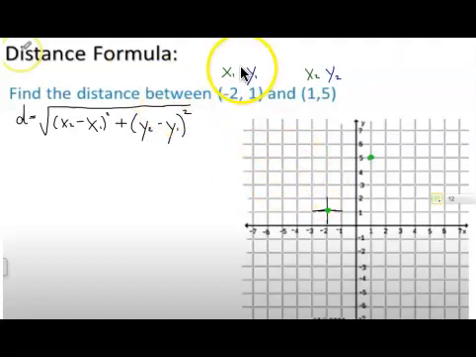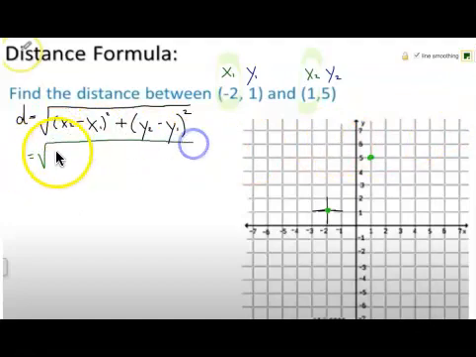Since we're going to start with our x ones, let's go ahead and highlight. So we're going to use our 2 x coordinates. I'm going to highlight that so that we can know what to plug in. It's going to be easier on our eyes. So we're going to set up our formula with our square root sign.